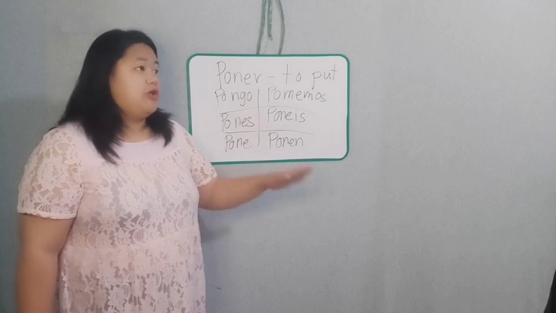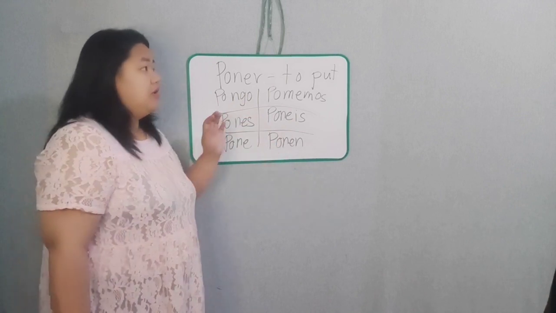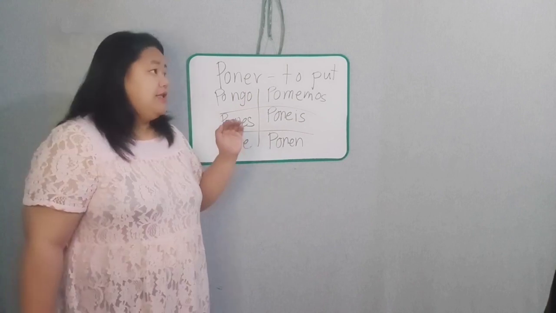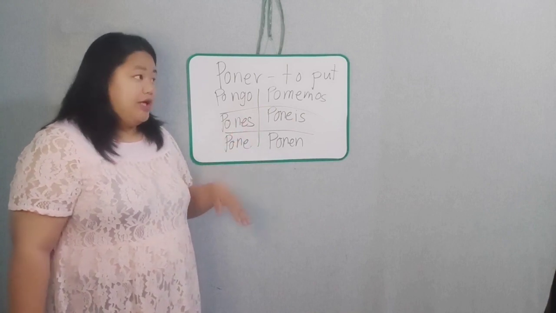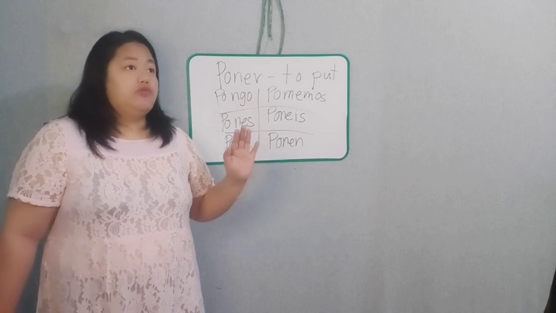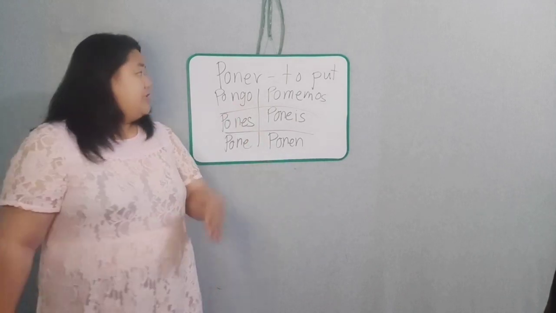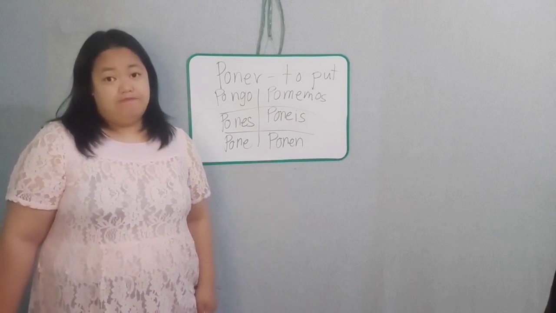You have ellos ponen. They put male or combination of male and female. We have they put all female, and then of course that's ellas ponen. We have ustedes ponen, which is you put plural form respectfully. These are the conjugations of the verb poner.